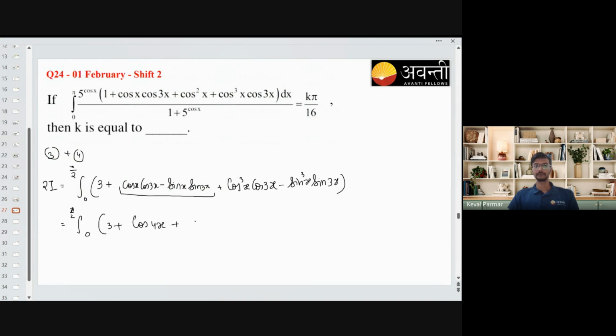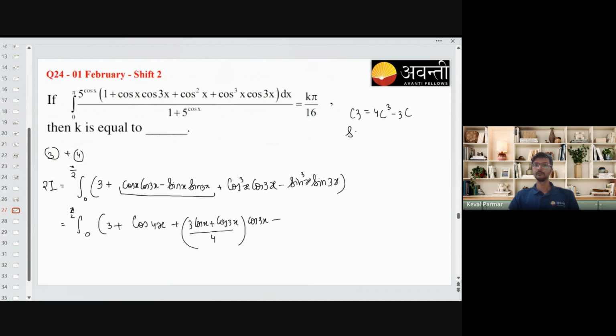What can we write cos cube as? Cos 3x is 4 cos cube x minus 3 cos x. So I can write cos cube x as 3 cos x plus cos 3x by 4, into cos 3x.